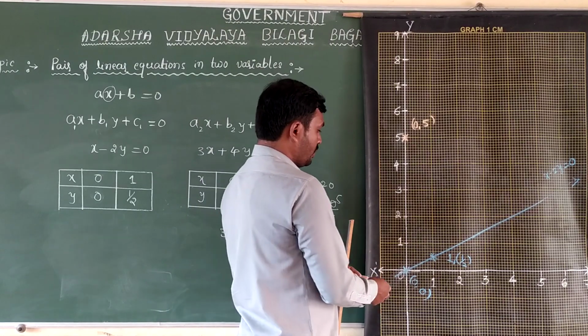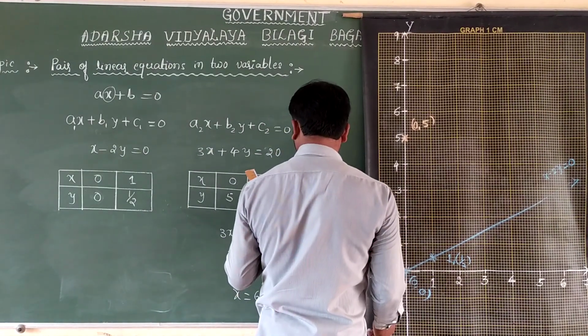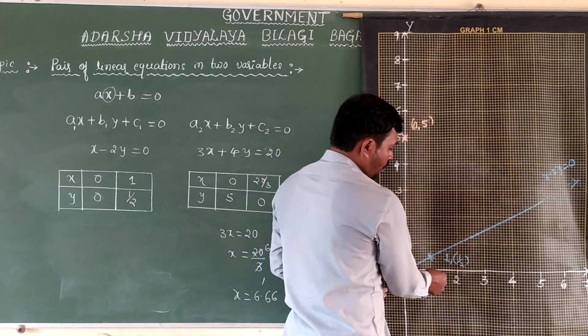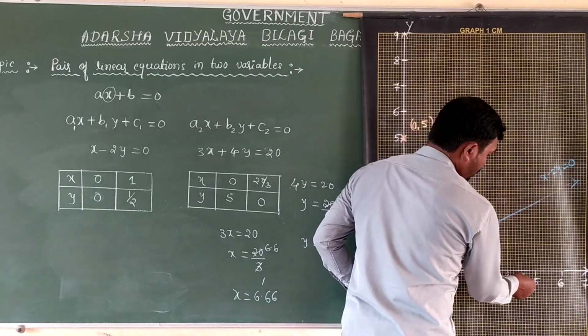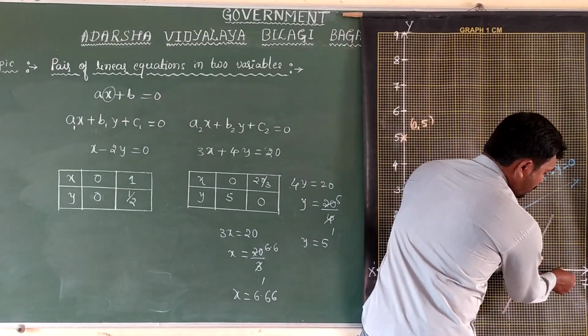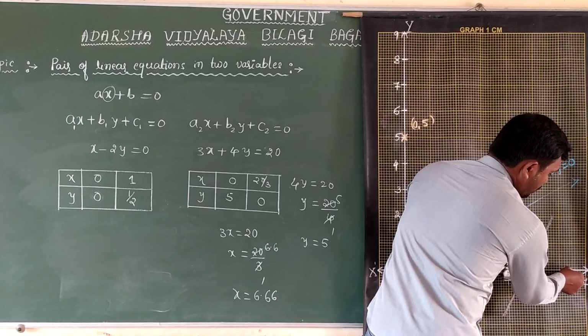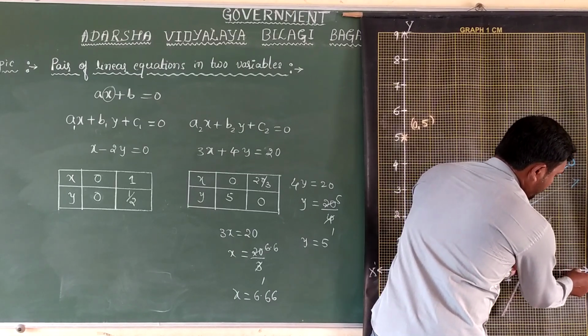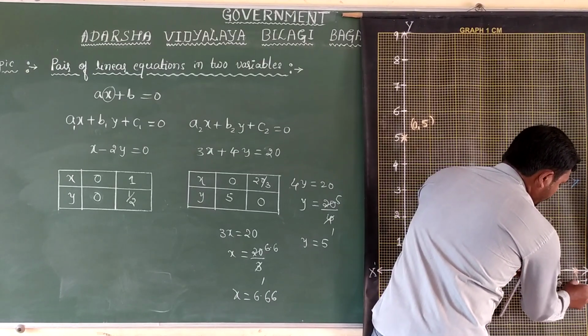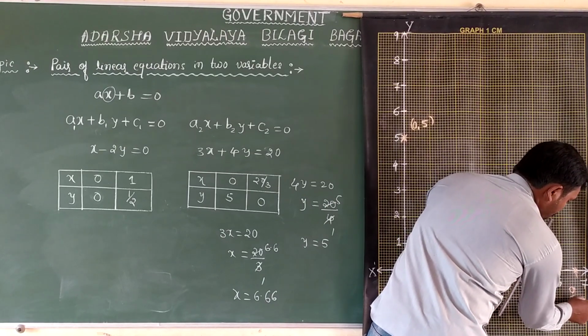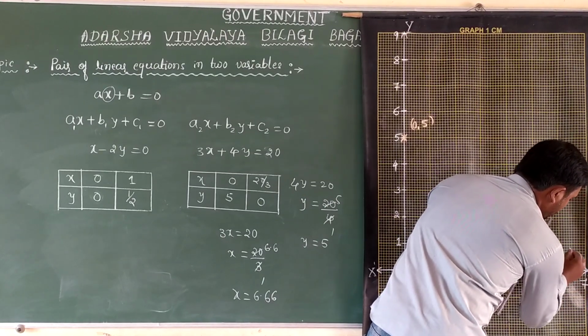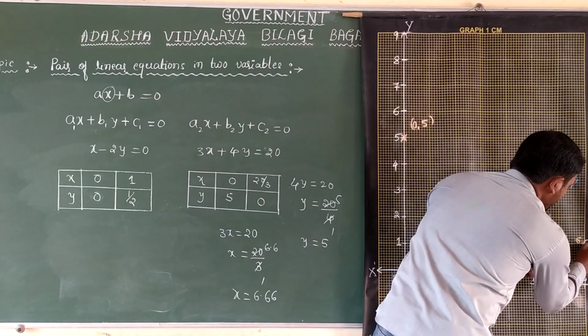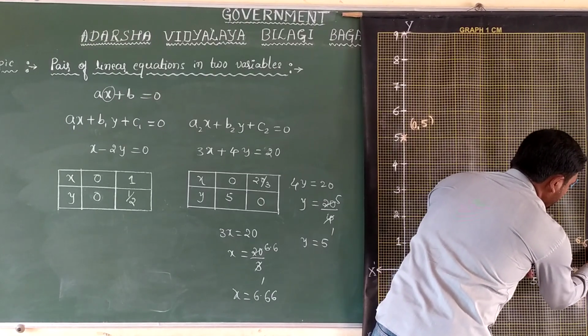So we have to go to 6.66 on the x-axis: 0, 1, 2, 3, 4, 5, 6, and then 6.1, 6.2, 6.3, 6.4, 6.5, 6.6. It comes between these two. So this is 6.66 and 0.